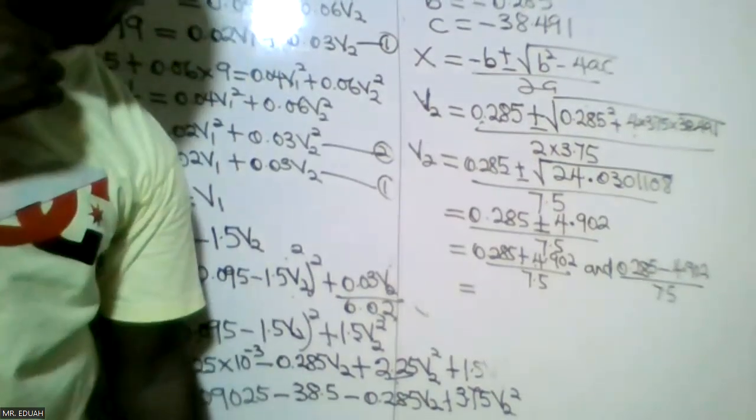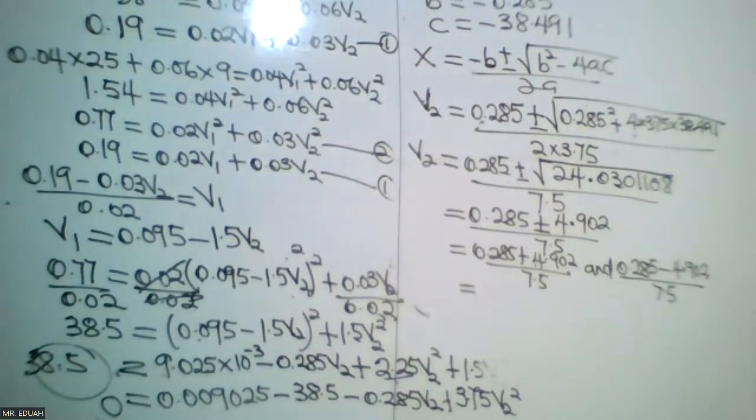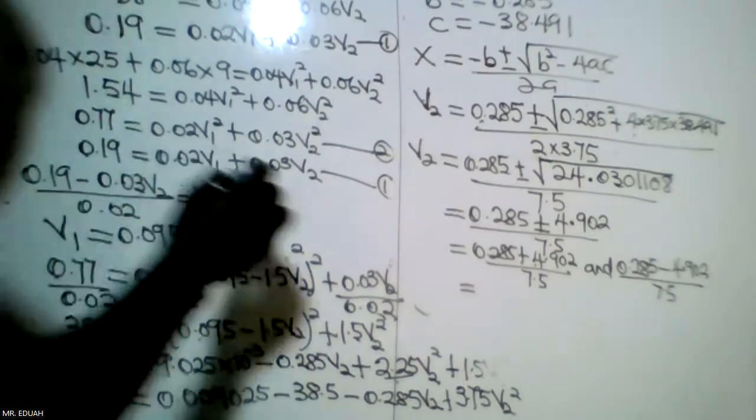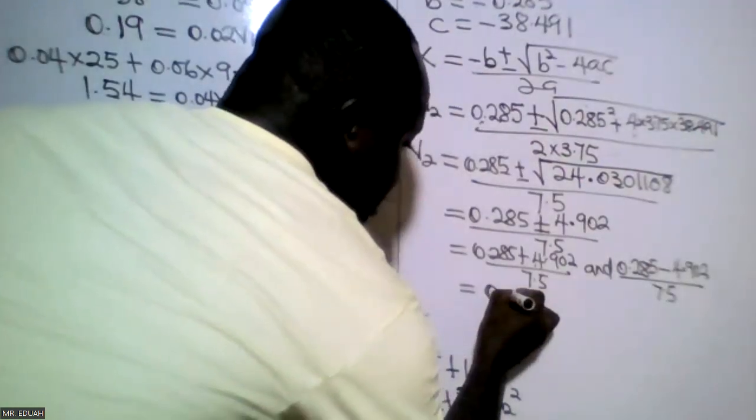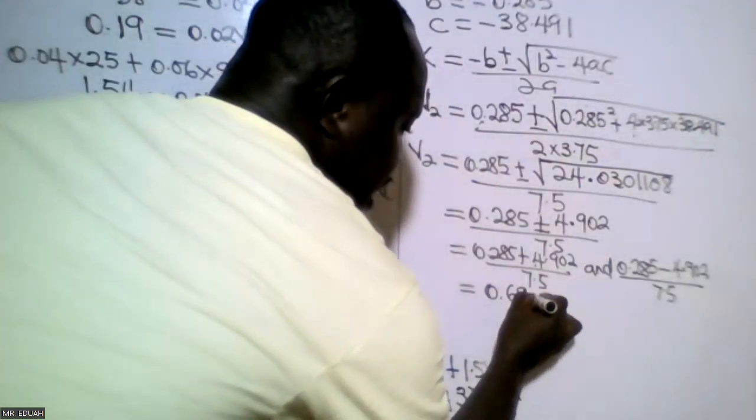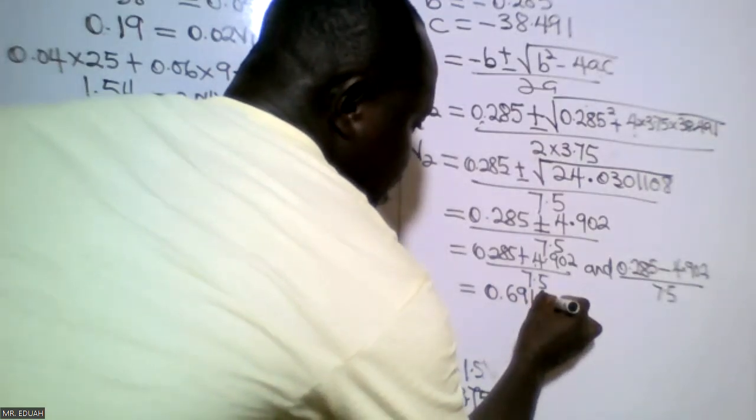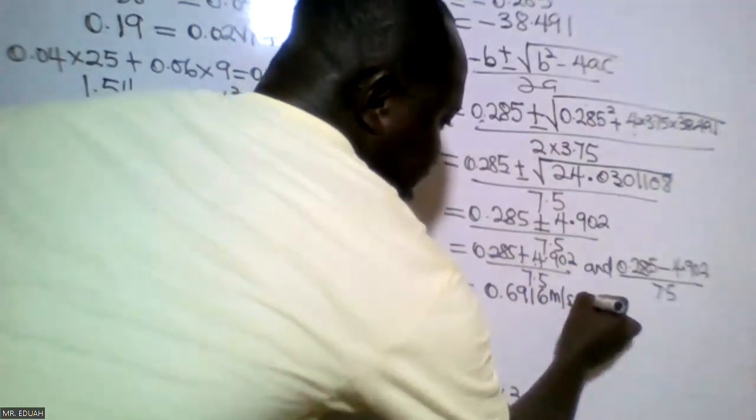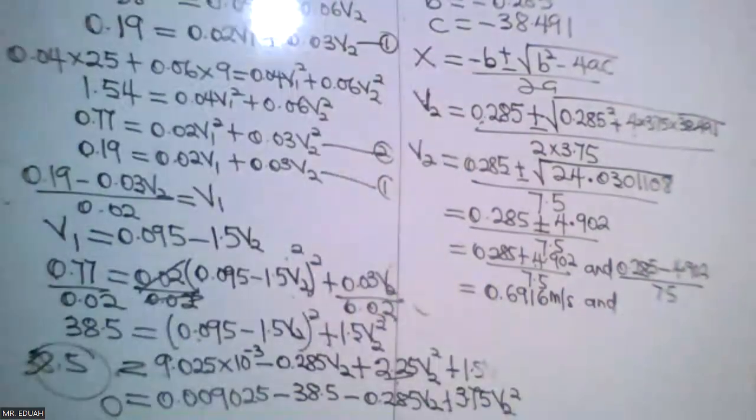What did you get for the first one? 0.6916. Okay, so this is meters per second. And what's the second one? What did you get for the second one?